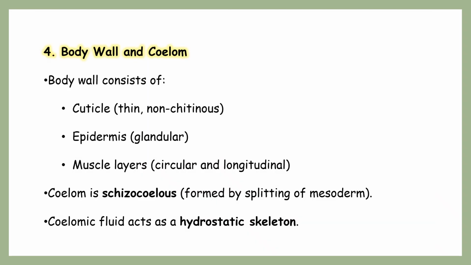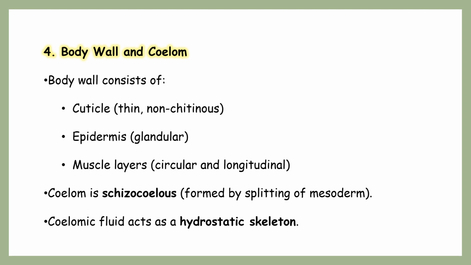Now next, about body wall and coelom. The body wall consists of a cuticle externally, which is very thin and non-chitinous, followed by an epidermal layer which is highly glandular in nature. Most annelids have a somewhat moist body, especially terrestrial annelids, because of this glandular epidermal layer.